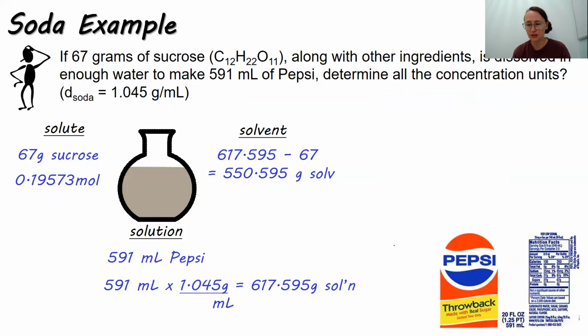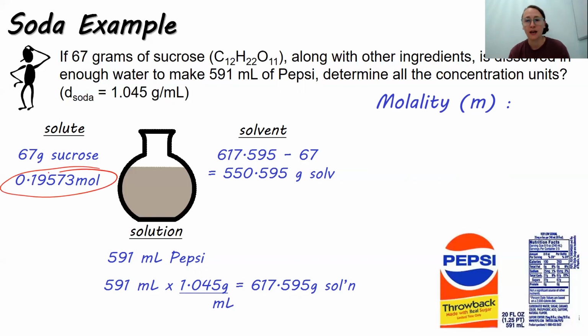And our last unit is molality, so let's see what pieces we need for that. Molality is moles of solute, which we have, over kilograms of solvent. So we determined that earlier as well. So we had the total mass of solution, which we determined by using the volume of solution with the density of the solution.